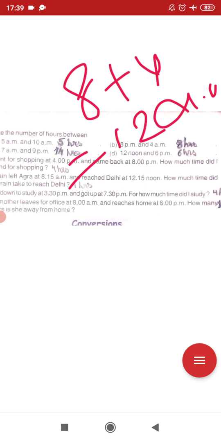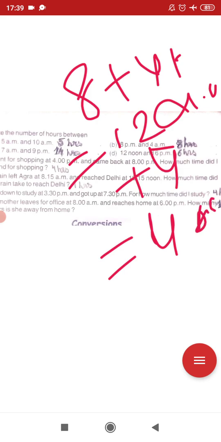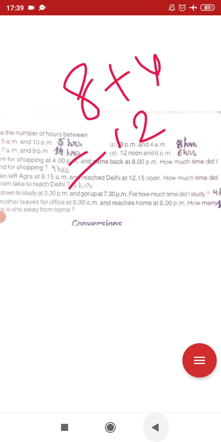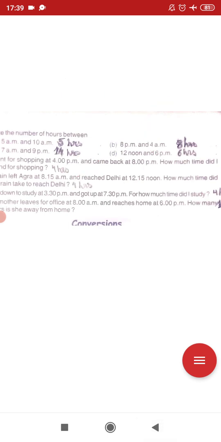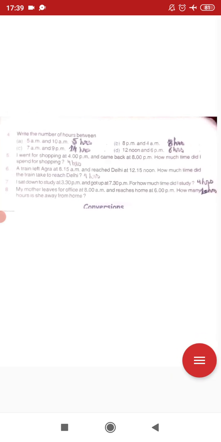Night, 8 o'clock at night plus 4 hours equal to 12 a.m. And then here we are getting the time, the second time range is 4 a.m. So another extra 4 hours should be added with 12 to get 4 a.m. So here we are getting 8 hours. So 8 hours, that is the answer.